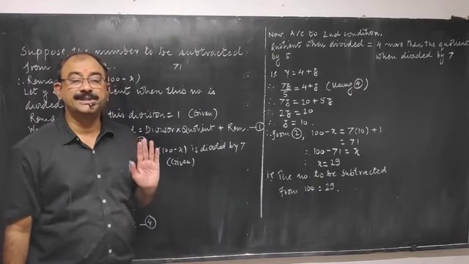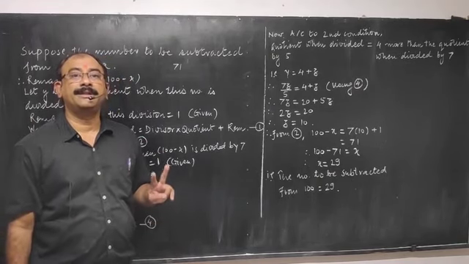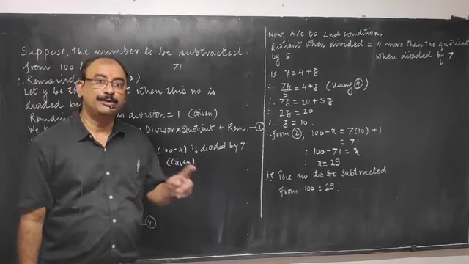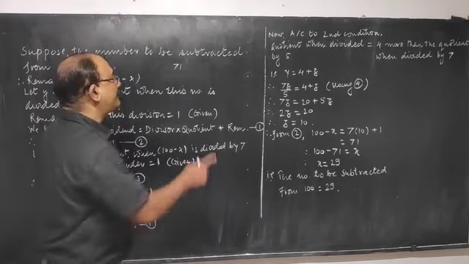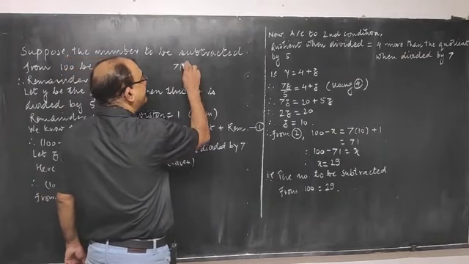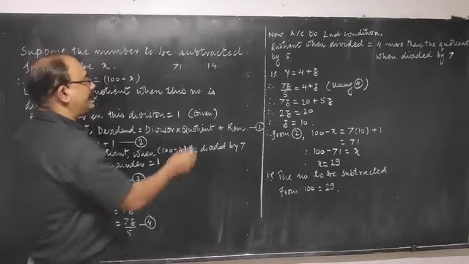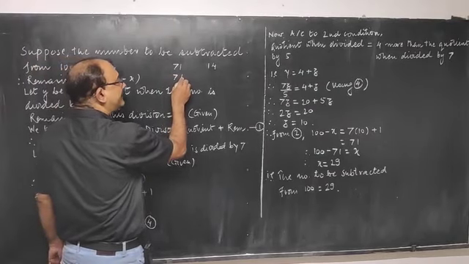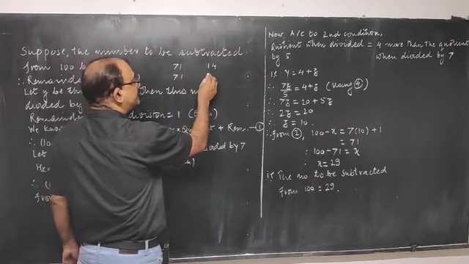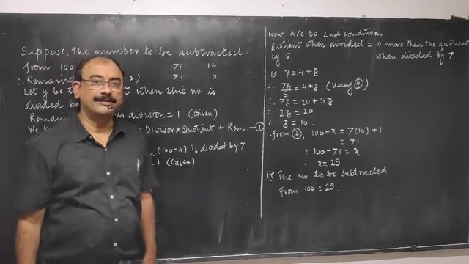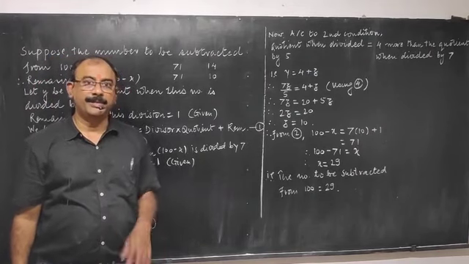So the first condition is fulfilled. If you divide this number by 5, you get the quotient equal to 14. When the same number 71 is divided by 7, the quotient is 10, remainder 1.